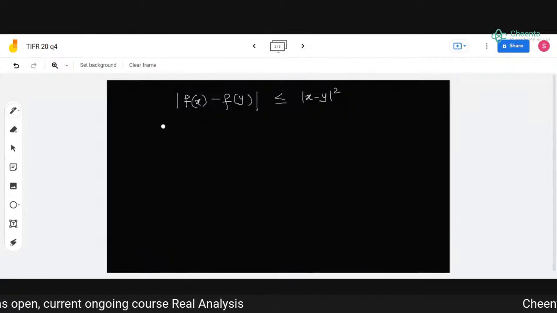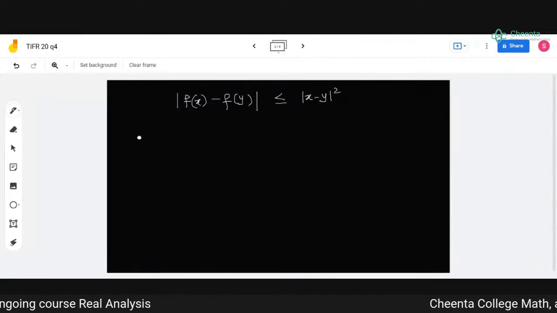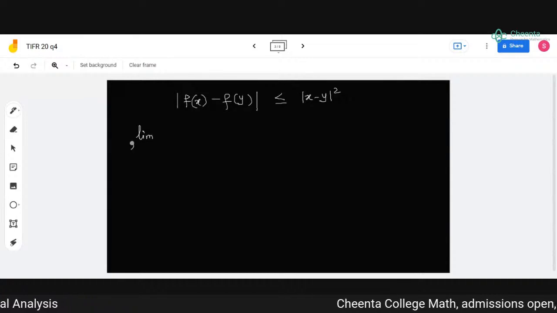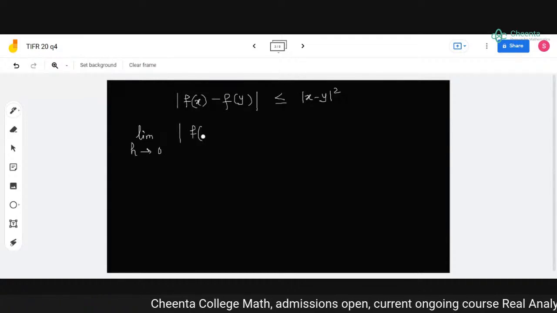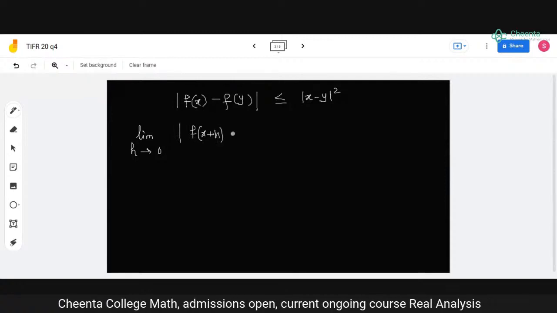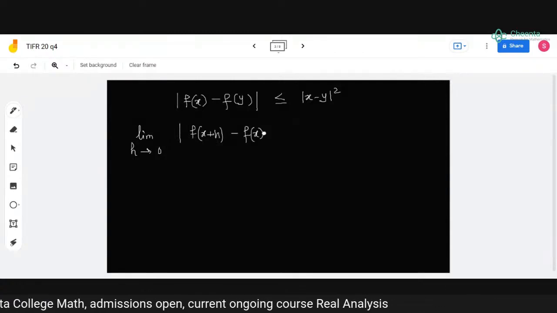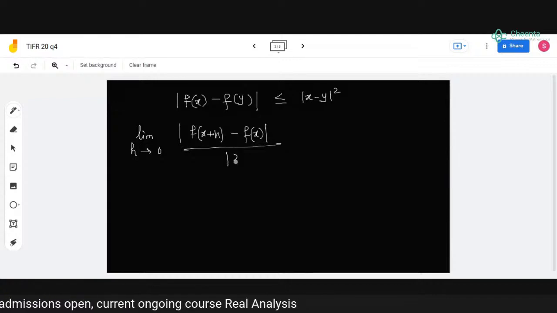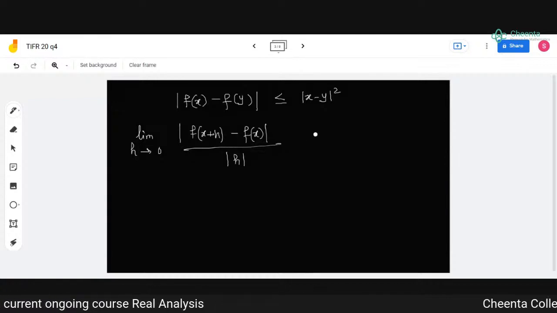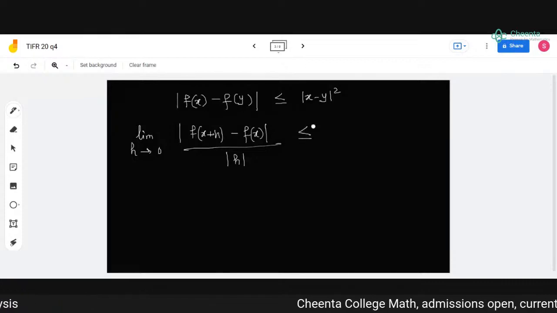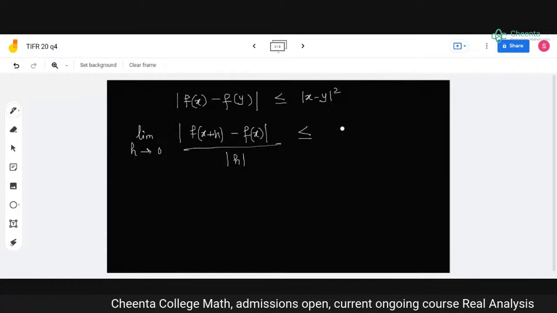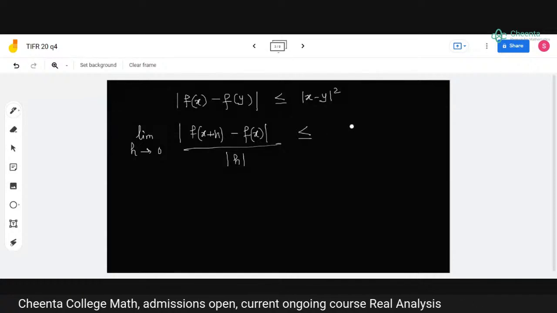So if you have this, then what is the limit of this? Let's say limit h tends to 0, mod of f of x plus h minus f of x by mod of h. Now, you have it like this, that this is x plus h minus x whole square, right?